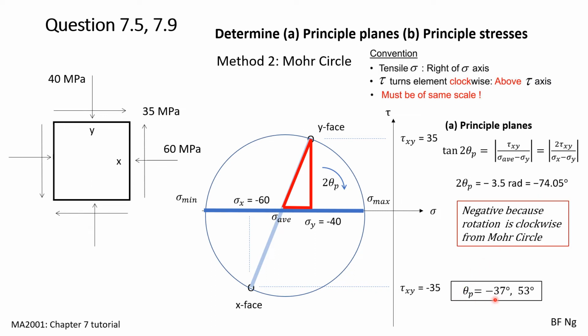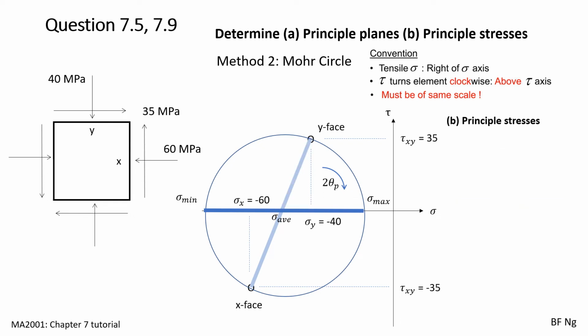Theta p is hence negative 37 degrees, and then we add 90 degrees to become 53 degrees. Note here that because the rotation of the line itself to horizontal is in the clockwise direction, clockwise rotation is defined as negative. As such, the value here is negative.